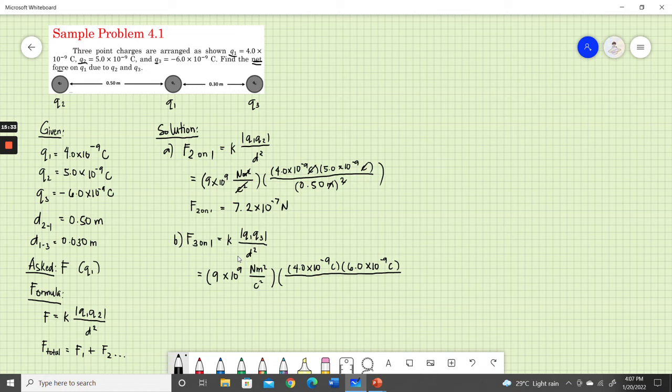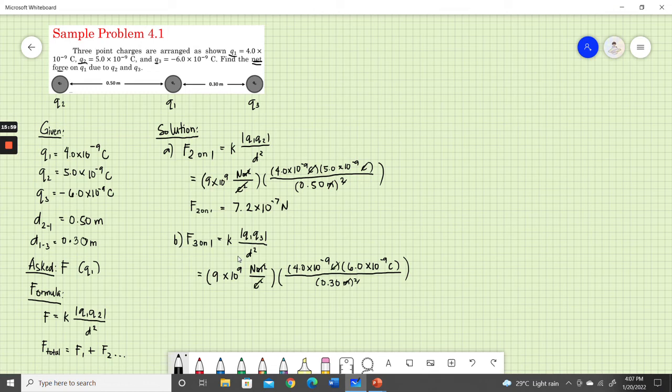And the distance between Q1 and Q3 is 0.3. This is wrong, it's not 0.0, it's 0.3 meters. So that's 0.30 meters squared. Okay, again, this is cancelled right here, so you're left with squaring 0.30.